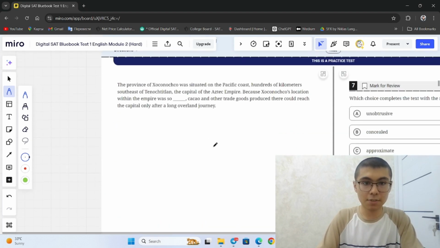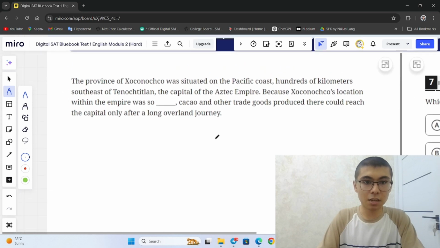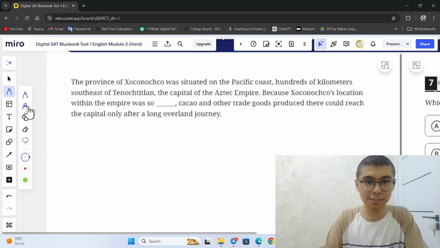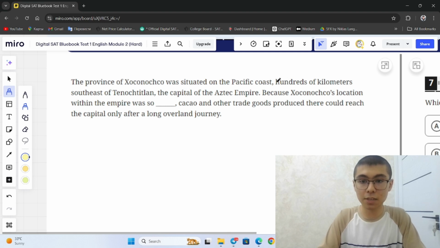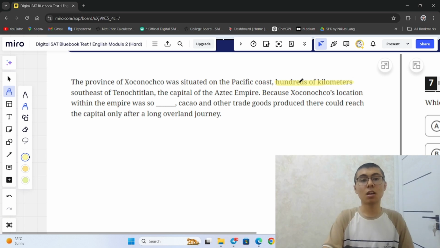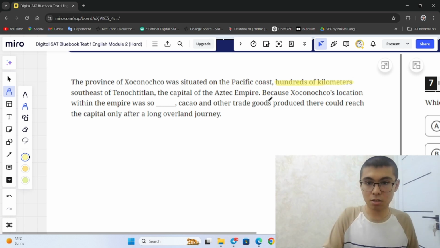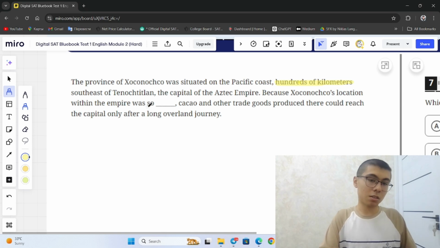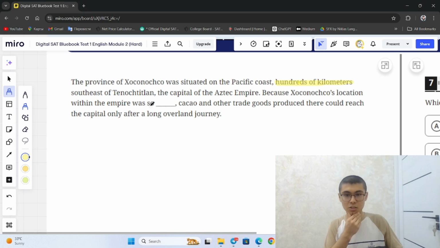So question number 7. The provenance of... I'm not going to bother reading it, was situated on the Pacific coast hundreds of kilometers. That's important. Hundreds of kilometers. Okay, because its location within the empire was so... I think it's going to be something like far away.